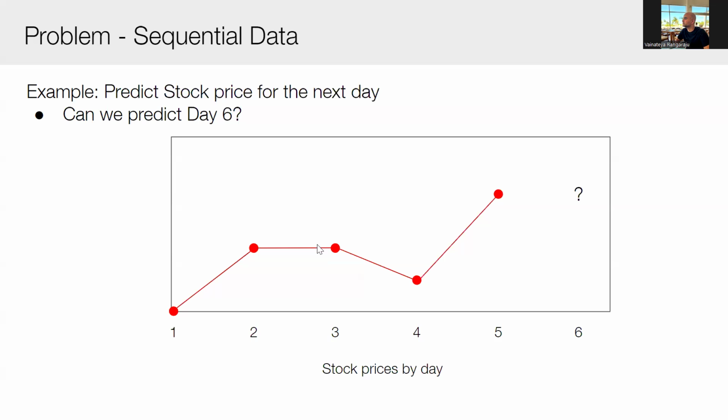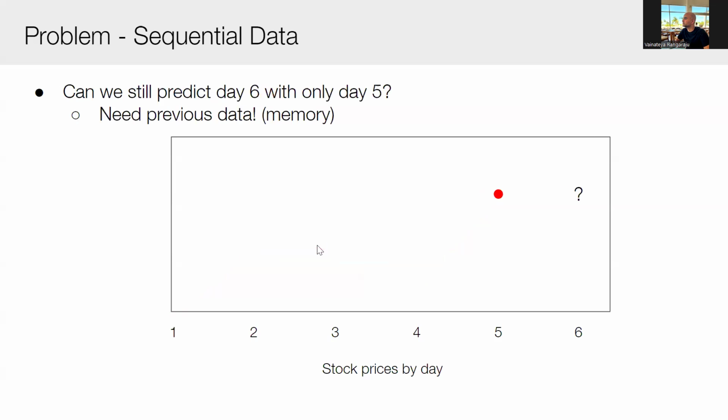And the main idea is this, right? Imagine we wanted to predict sequential data. Inherently, we need to have some idea of what the data looked like before we make a prediction. For example, we can't predict day 6 weather data or stock data with just day 5's.